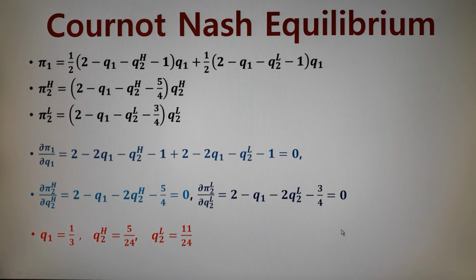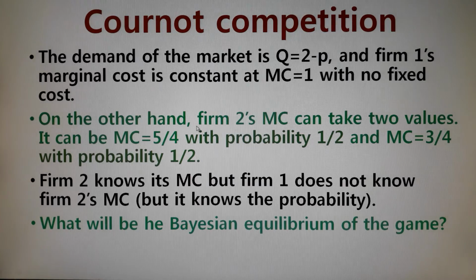If you are still curious, the first company can also have a high type and low type. It's not only the second company that has 5 over 4, 3 over 4. The first company, with probability half and half, can be 5 over 4, 3 over 4.